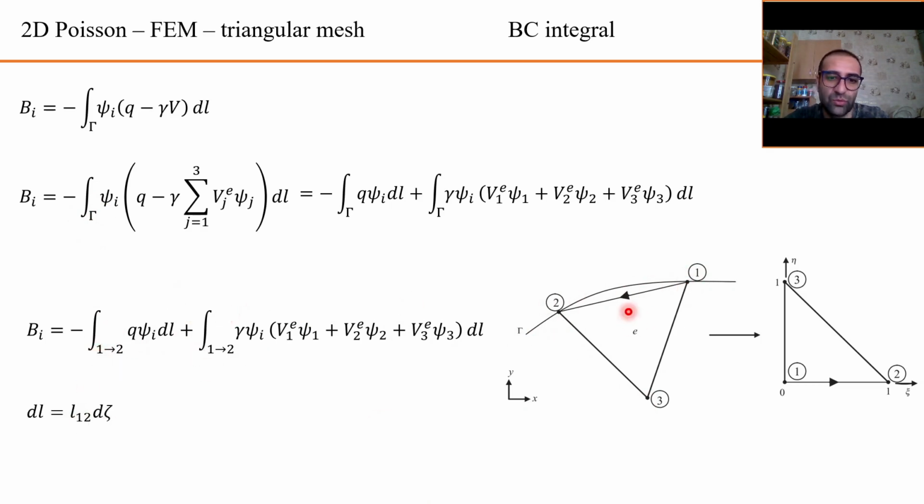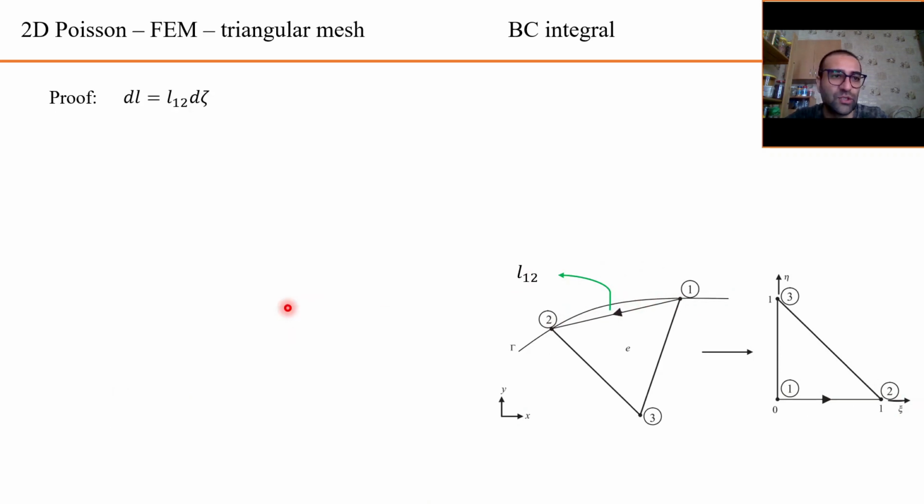And it is easy to show that dl, the line segment here, if we transfer it to the natural coordinate, should be L12 times d zeta. And this L12 is nothing but the length of this line. We can easily show it.